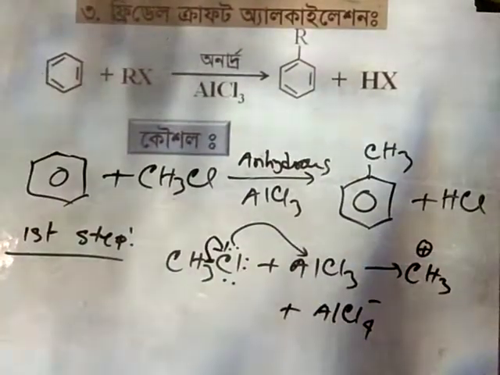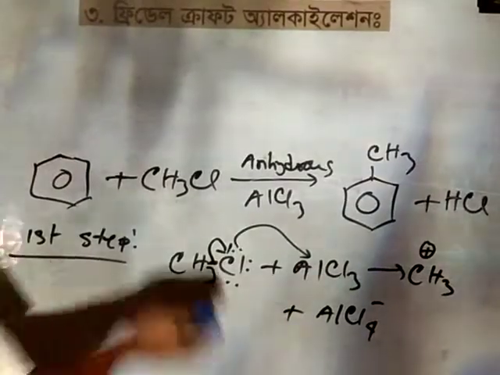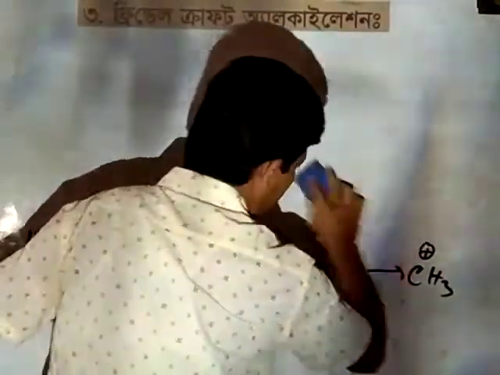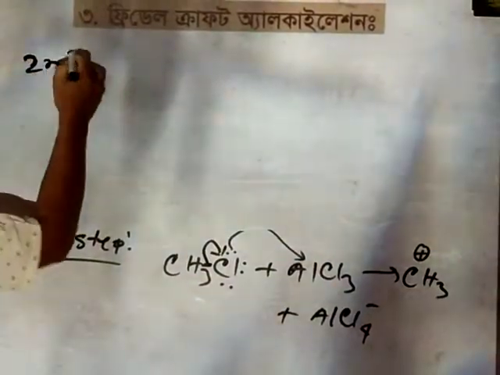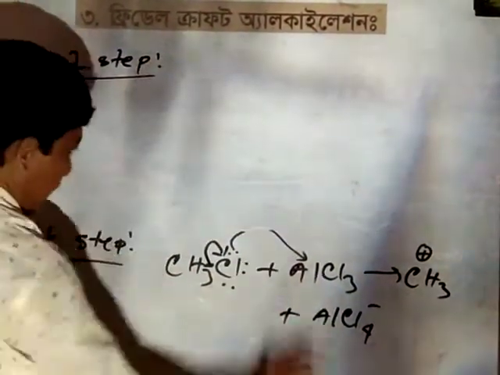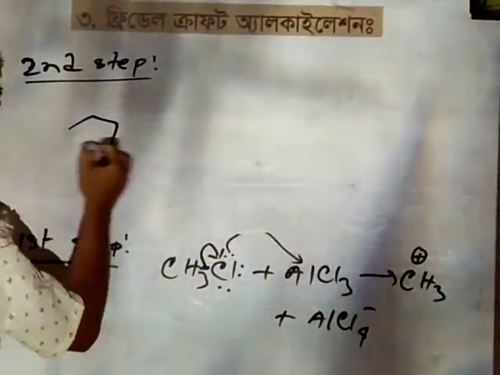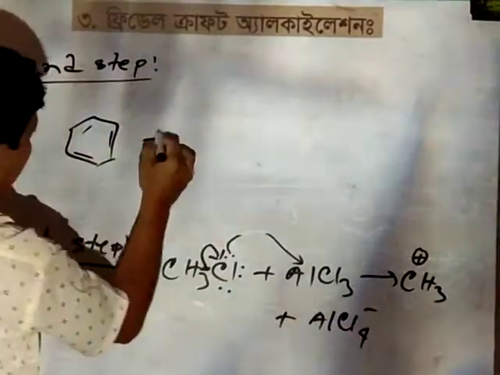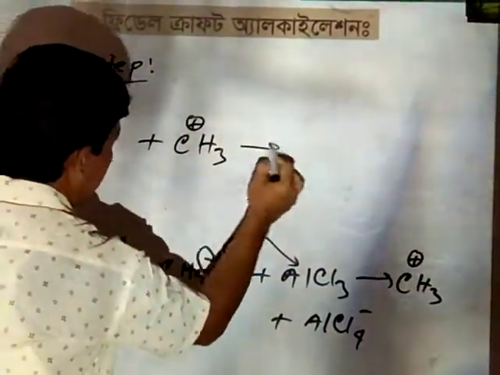In the second step, we can show that this electrophile will react with benzene and will produce a sigma complex.